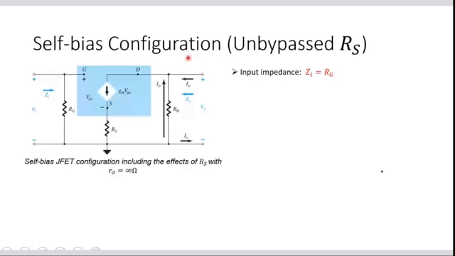For the output impedance, first we make VA equal to 0, and we notice what effects are reflected in the circuit. VA equal to 0 means this is short circuited, and effectively this can be replaced by a short circuit.